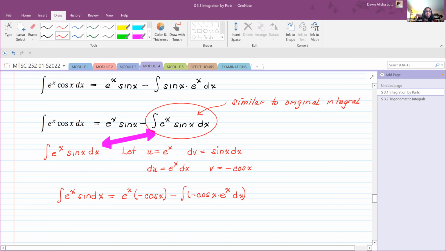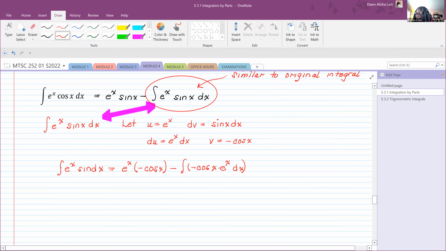So now when I do this, I get the integral of e to the x sine of x dx is going to be minus e to the x cosine of x.